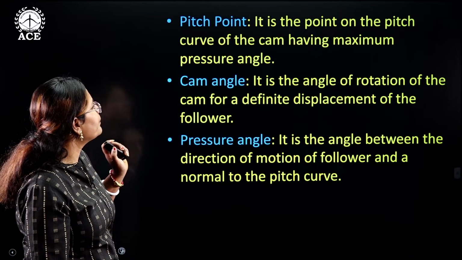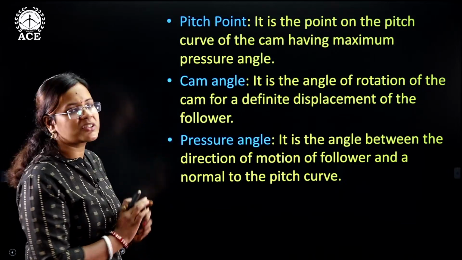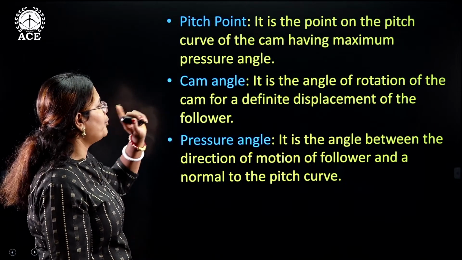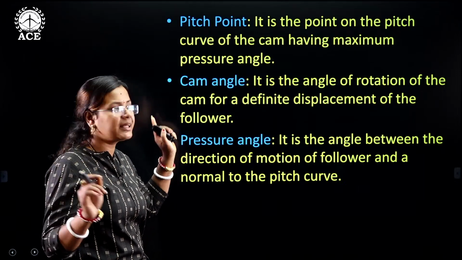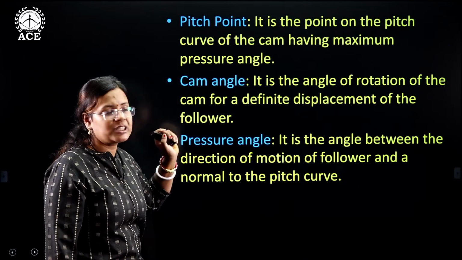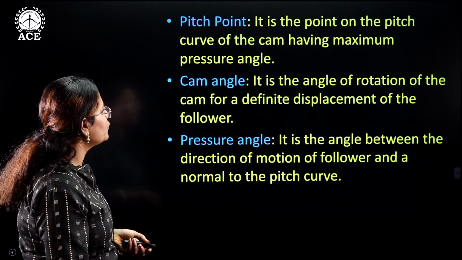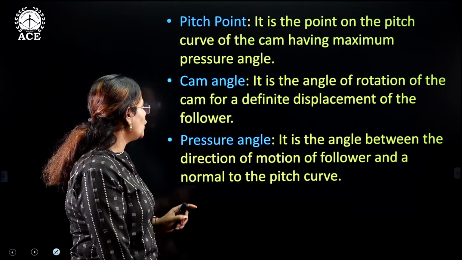Next comes the pitch point. It is the point on the pitch curve having the maximum pressure angle. Next comes cam angle. It is the angle of rotation of the cam for a definite displacement of the follower.